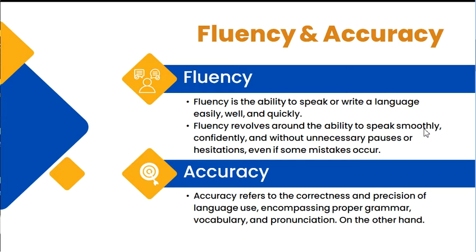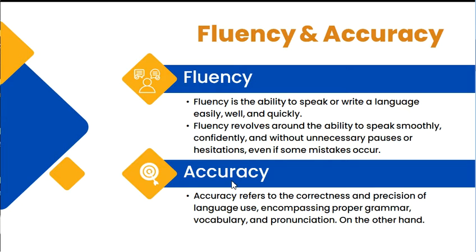Sometimes his pronunciation, accent, or intonation might be wrong. But if he is able to speak and communicate his ideas freely and easily, we call that person a fluent speaker of that language. So fluency will be clear when we define accuracy.